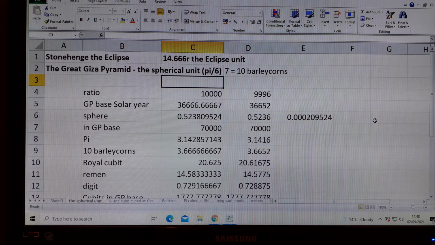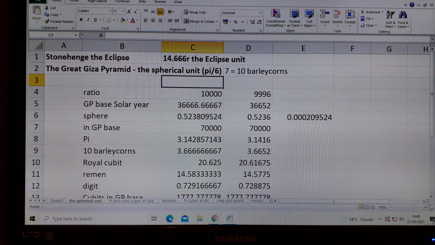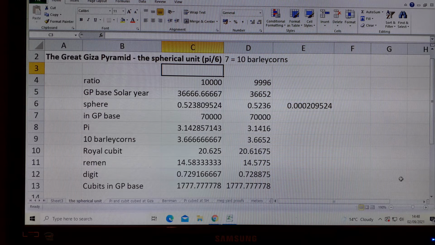It's the 2nd of the 9th, 2021, and today we can talk about the underpinning unit within the design of the Great Giza Pyramid.